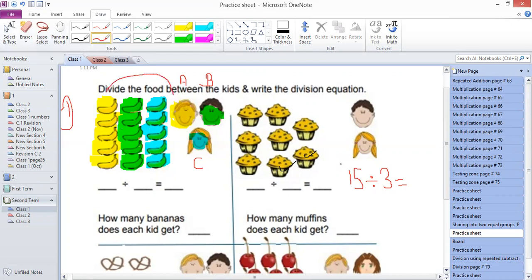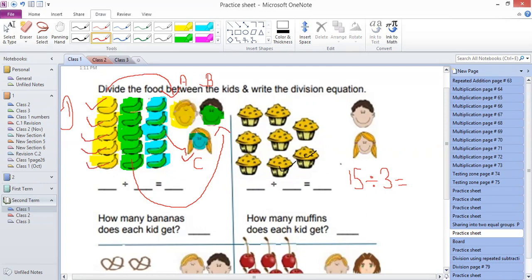This is for boy A. This is for the second boy B, and this is for C. So each of them will have the same number of bananas. Now, how many bananas have they got? I will count now. 1, 2, 3, 4, 5.